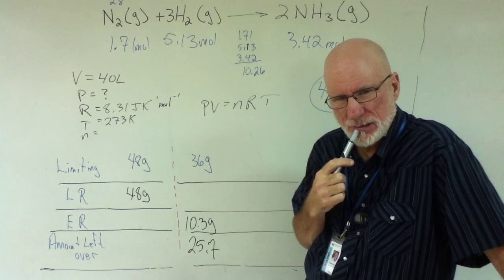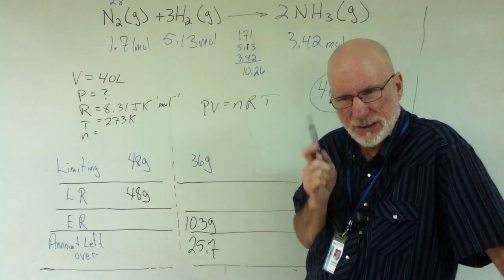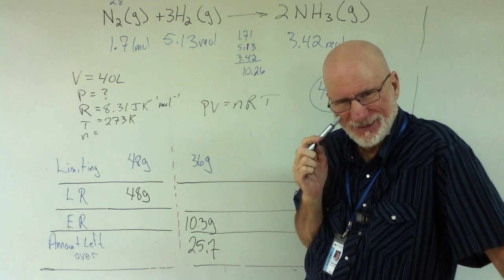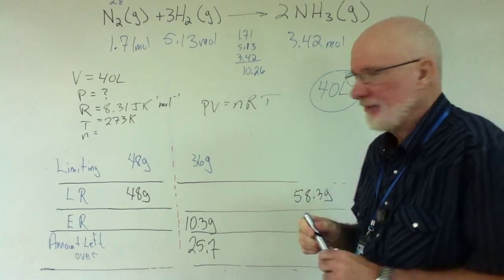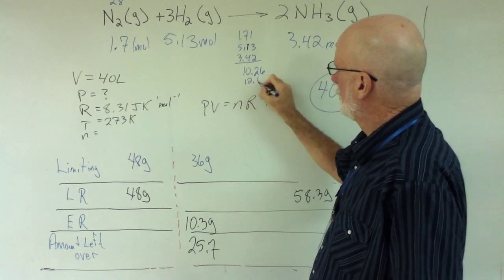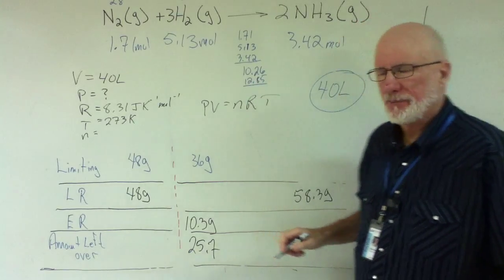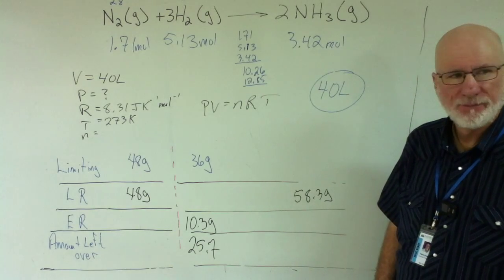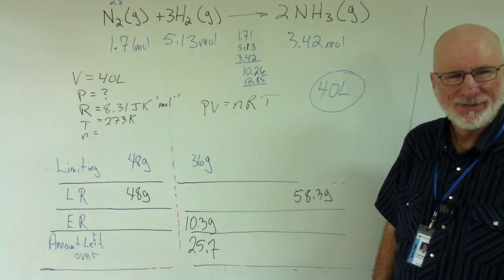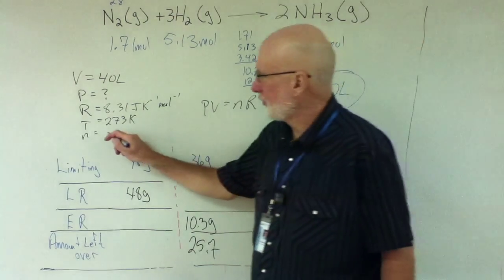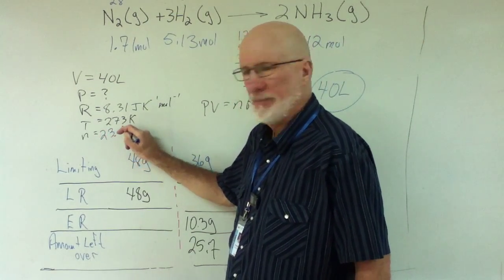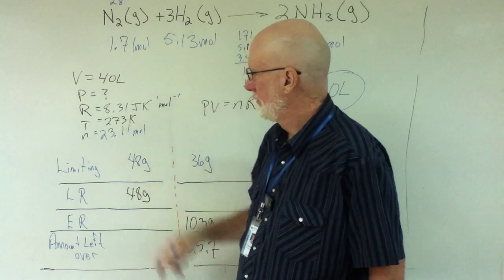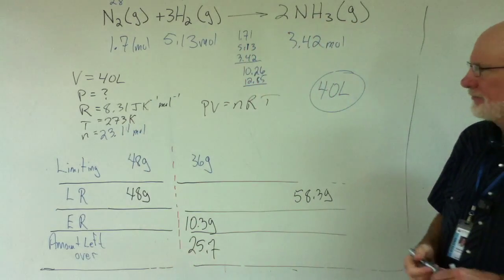Measure twice, cut once. Calculate twice, think three times. 12.85. What's 10.26 plus 12.85? 23.11. Are we okay with that?